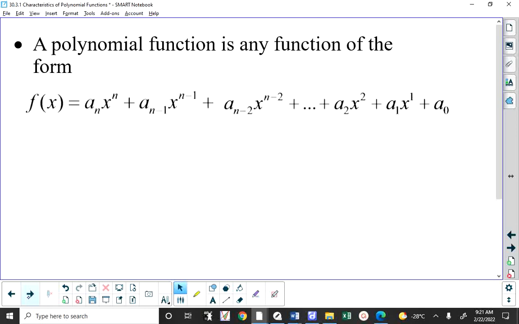So we start off with a definition of a polynomial function, which is really quite intimidating. It's highly mathematical, but let me break it down for you. This says that a polynomial function of x, which just means an equation that you can use by putting in x to calculate a y coordinate, if you want to graph it, in general form is a sub n x to the n. So let me stop right there and tell you that n is a natural number.